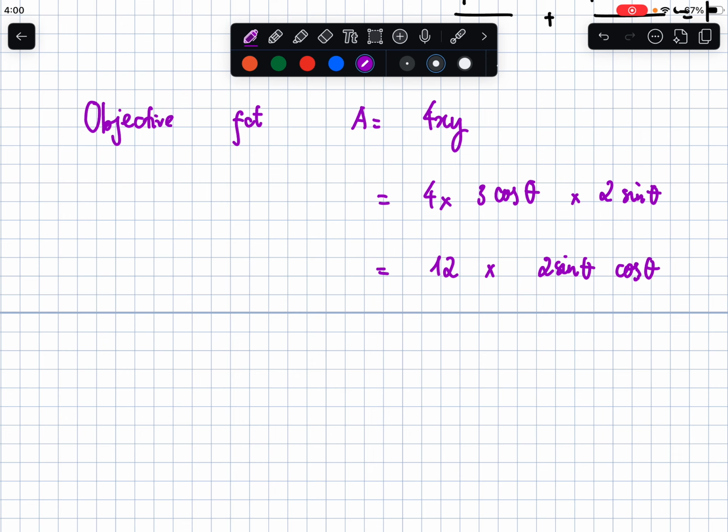I save this 2 here because I know that cosine times sine is related to sine 2 theta. So this is area, a function in theta.